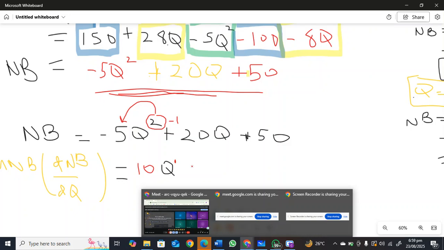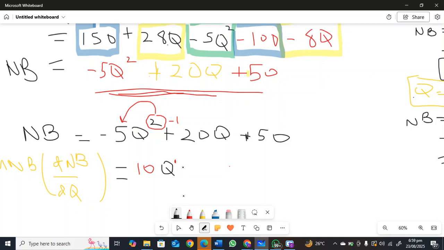Okay, wonderful. Then the next one here, this is q to the power 1. One thing you can just remember, if you have the letter to the power 1, just erase the letter. But this is how the letter gets erased.